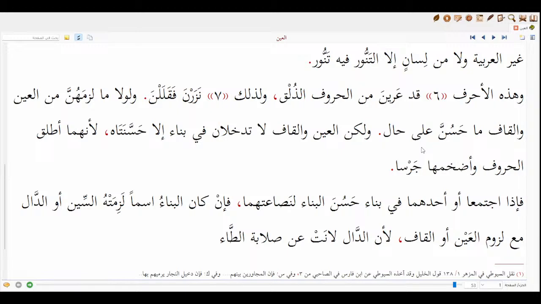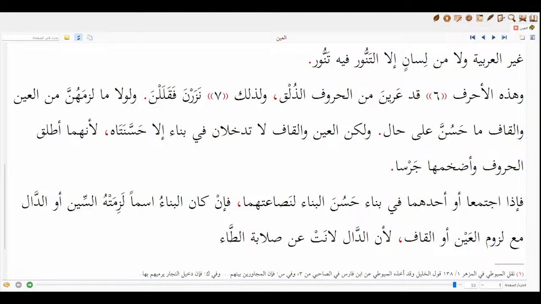But the ʿayn and qaf are such that they do not enter upon a word except they beautify the word and make it acceptable. Because these two, أطلق الحروف, they free the letters, and أضخمها, they make the rest of the letters enlarged, or more powerful in terms of their pronunciation.